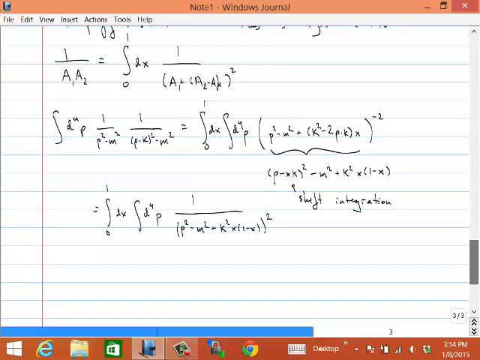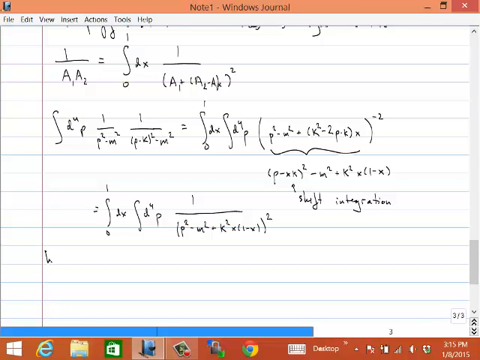And very often when we compute loop diagrams of this sort, we're going to be left with integrals like this. So we're going to be computing all the time integrals of the form integral d4p of 1 over p squared minus something to some power.